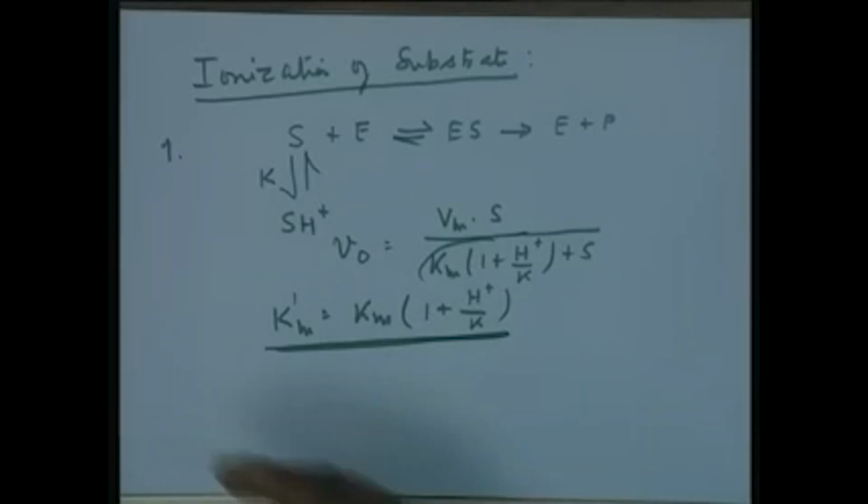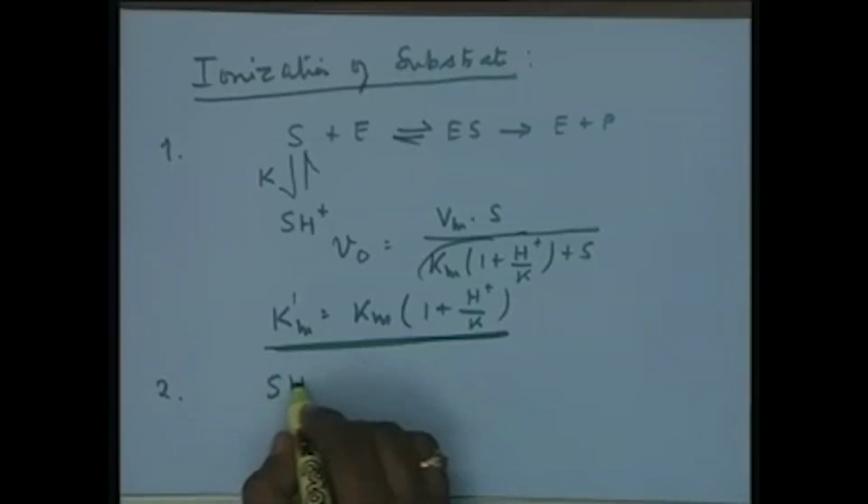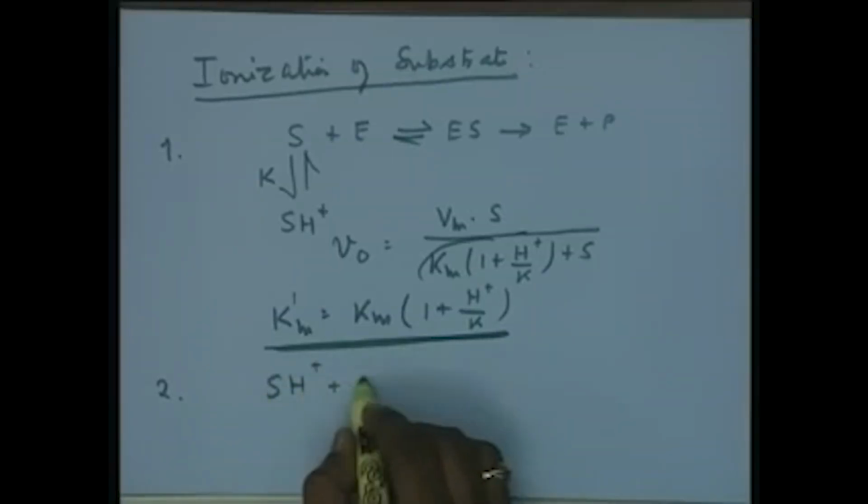So, the effect of pH on the Km value can be noted by looking at the pattern of inhibition. In the second case, we assume that it is the charged, protonated form which is catalytically acceptable to the enzyme function.